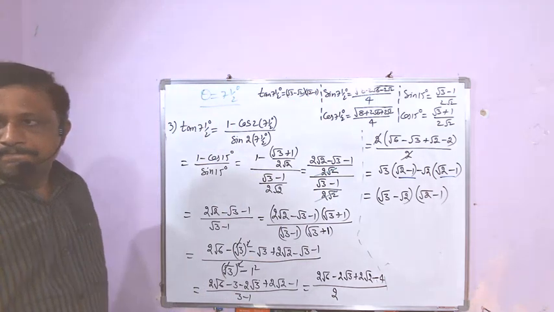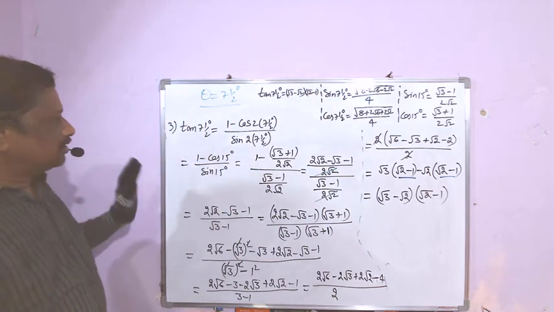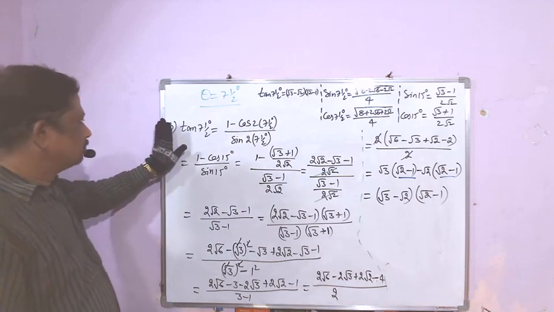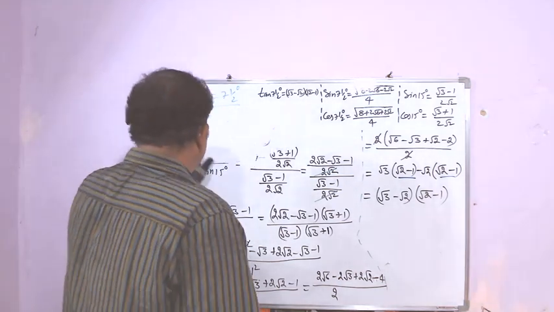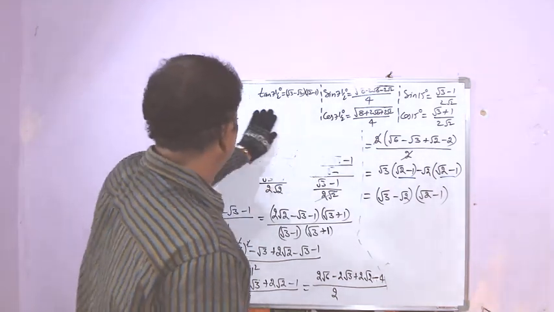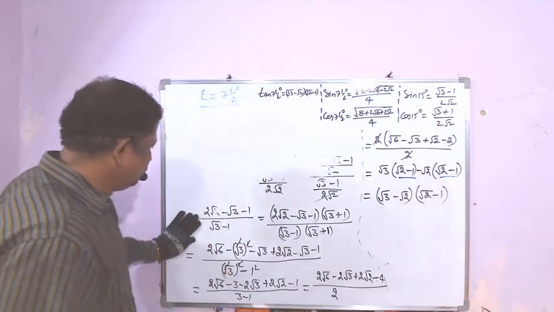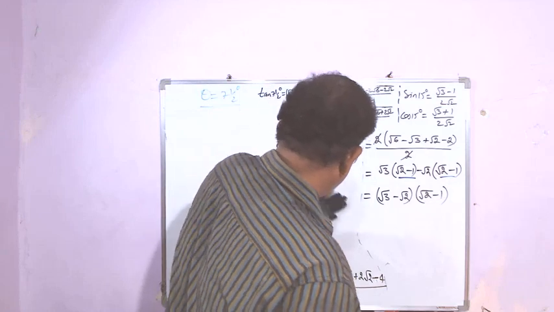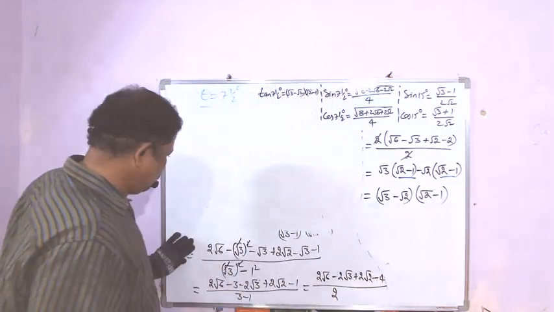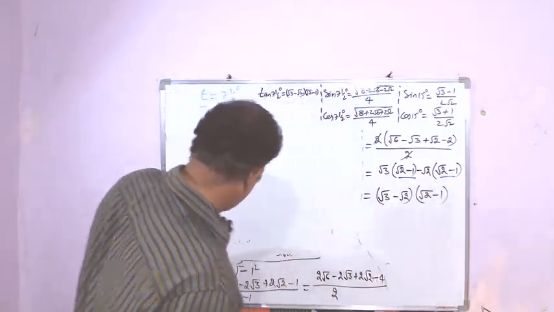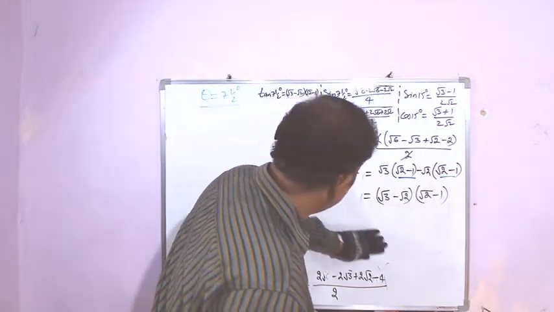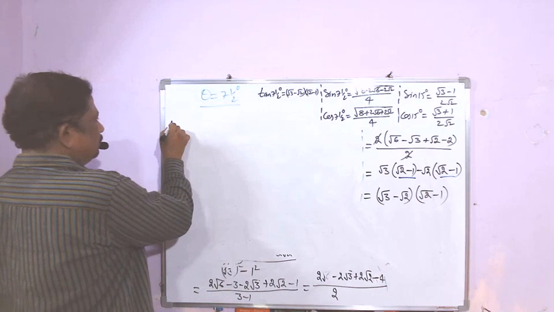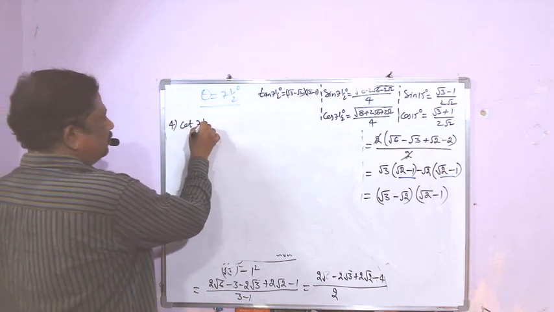Okay. Next we will find cot 7.5. Write down this one. Cot 7.5 degrees. Fourth one, cot 7.5.